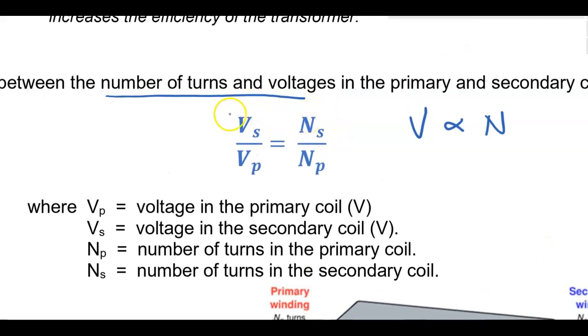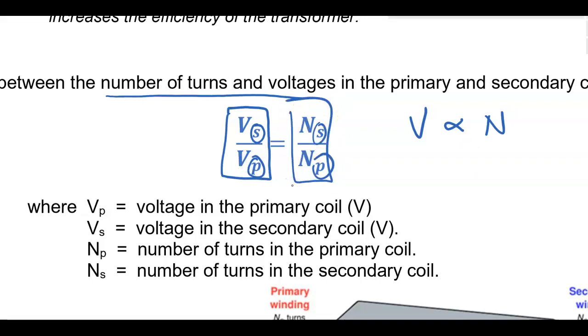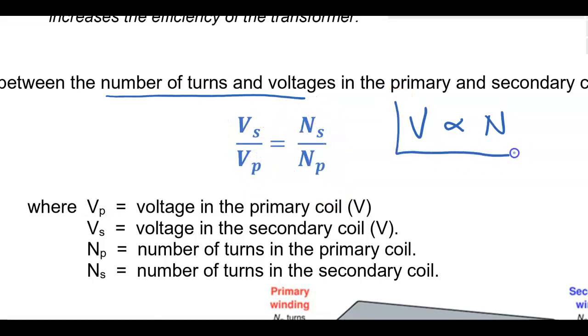If you want to know the ratio of the voltages in the secondary compared to the primary, it's just the same as the number of turns in the secondary compared to the primary. Can you see how they're both secondary over primary? Okay? So that's our first understanding there. If you want more output voltage, you just have more turns in the secondary coil than the input coil, the primary coil.